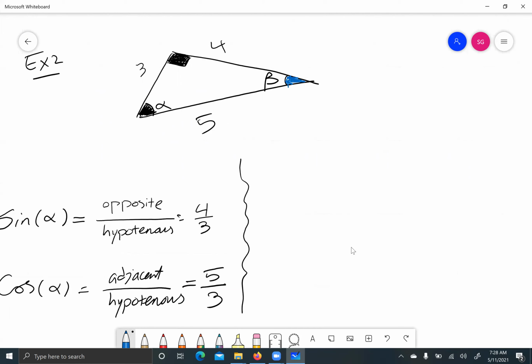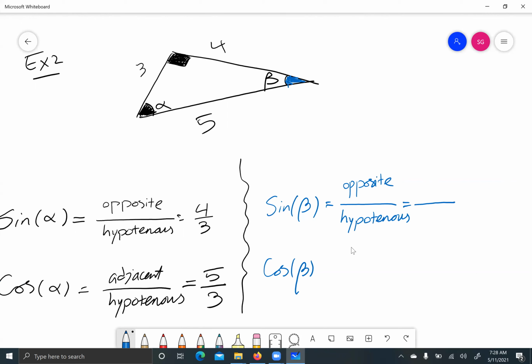Let's find sine of beta and cosine of beta. For this angle, again, the definition of sine is opposite side over hypotenuse side. Now what is opposite? The opposite is 3 for beta.